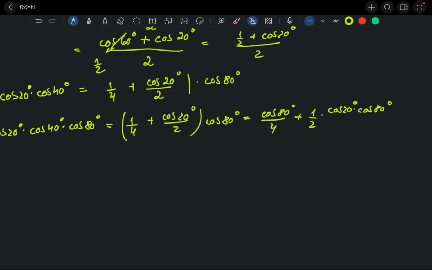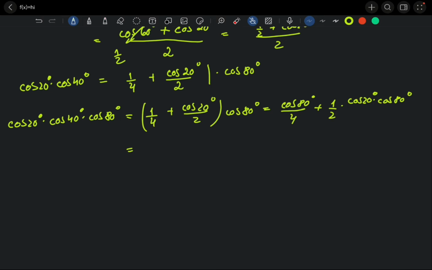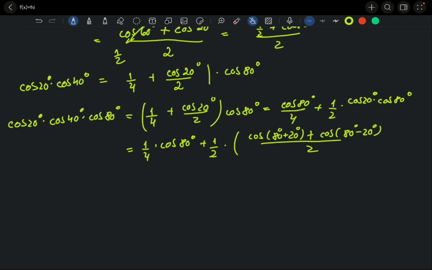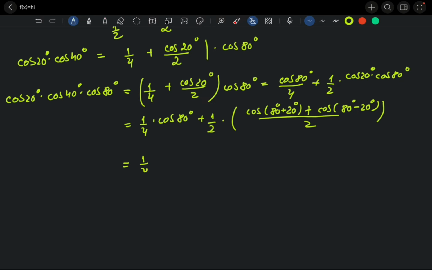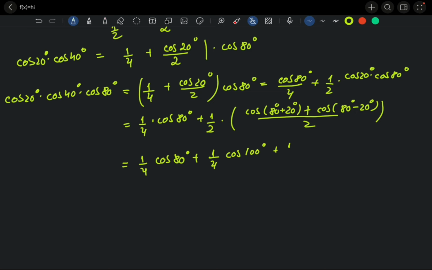For the last two terms, we apply again the product to sum formula, and our expression will become 1 over 4 times cosine of 80 plus 1/2 times cosine of 80 plus 20 degrees plus cosine of 80 minus 20 degrees all over 2, and that's equal to 1/4 cosine 80 plus 1/4 cosine of 100 degrees plus 1/4 cosine of 60 degrees, which we already discussed, that's equal to a half.